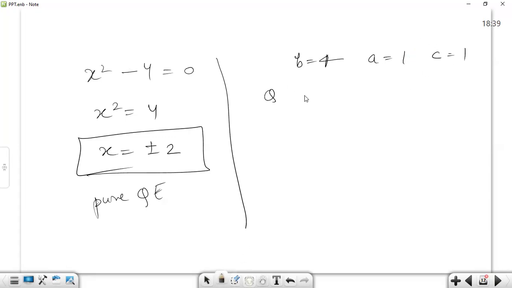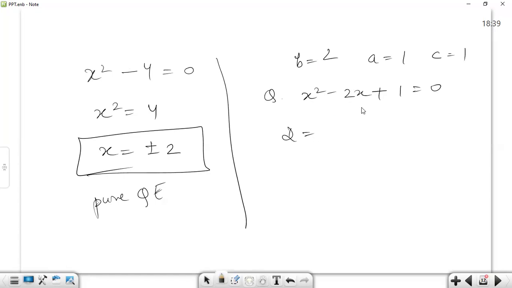So the given quadratic equation is x square minus 4x plus 1 equals 0. I have made a mistake, b should be 2, it should be 2x.